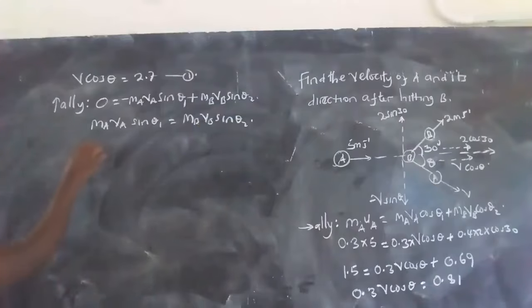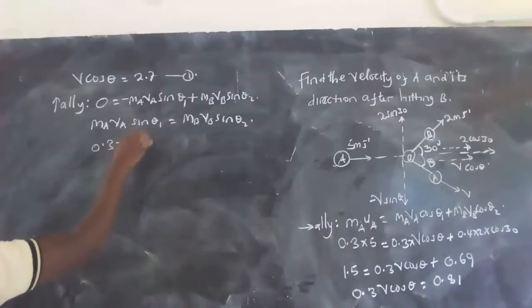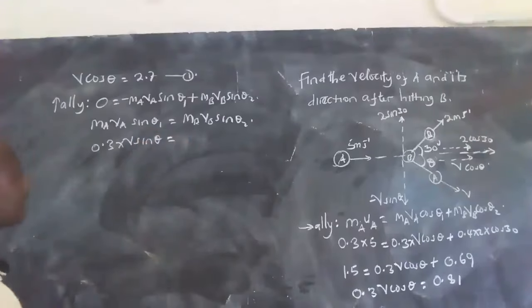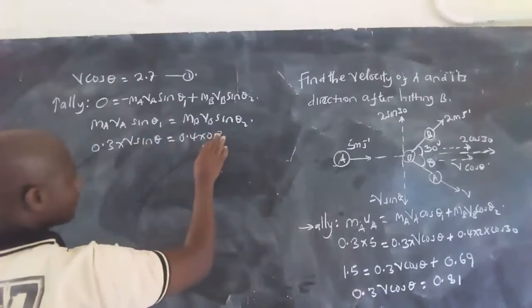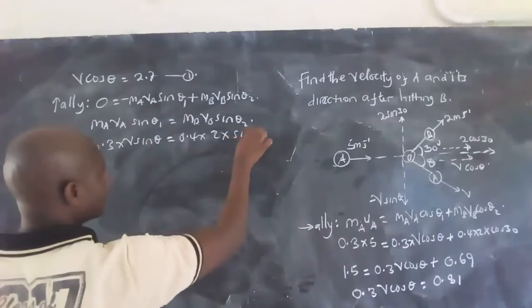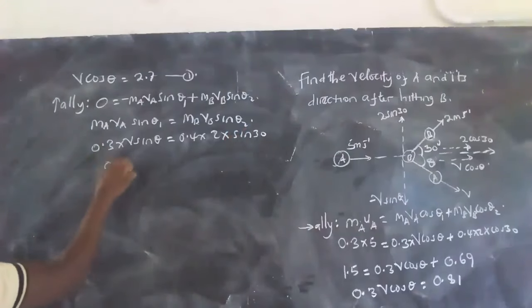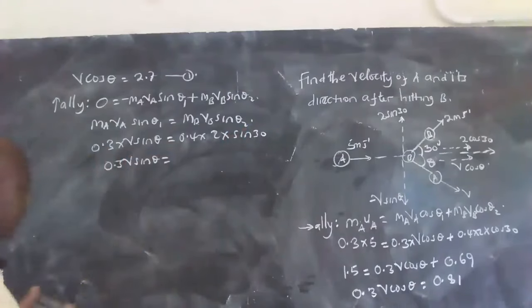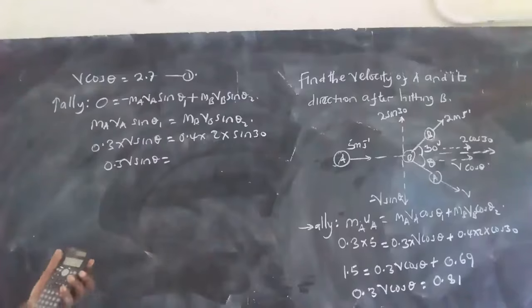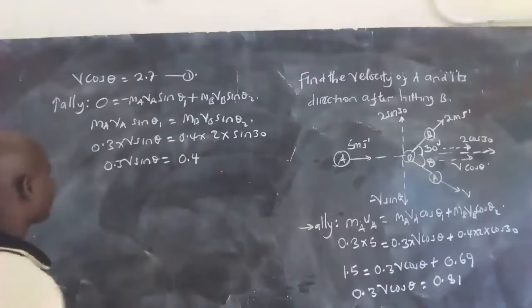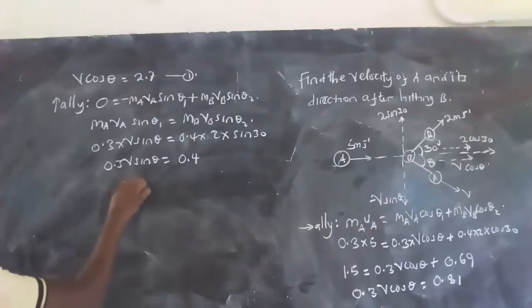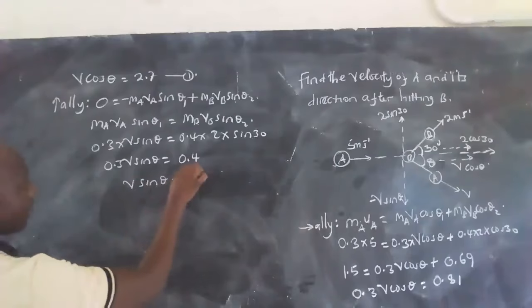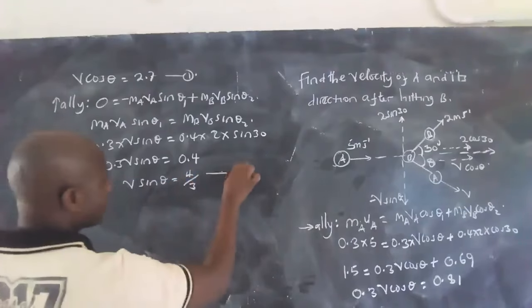We substitute: 0.3 times V sine theta is equal to 0.4 times 2 times sine 30. So 0.3 V sine theta would become 0.8 times sine 30, which is 0.4. 0.4 divided by 0.3 gives V sine theta equal to 4 over 3. This is equation 2.